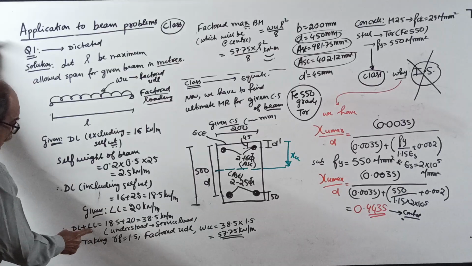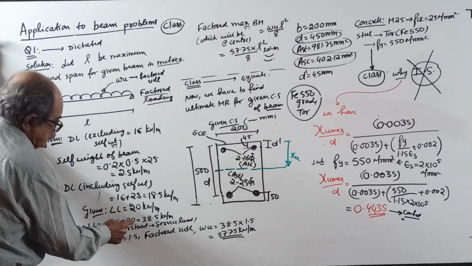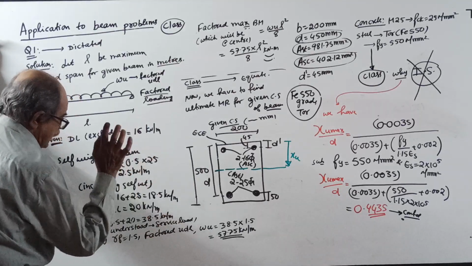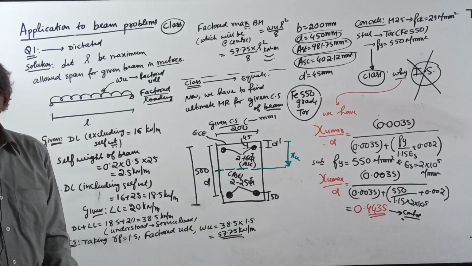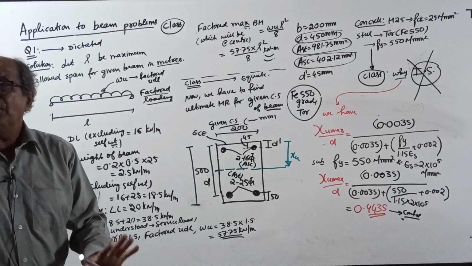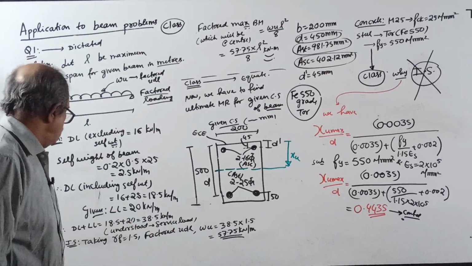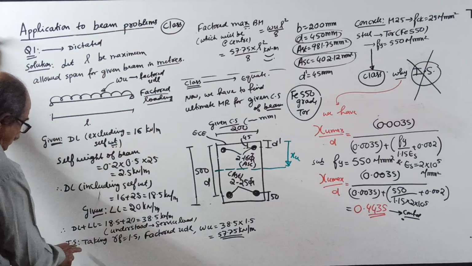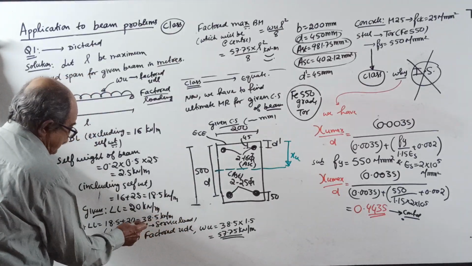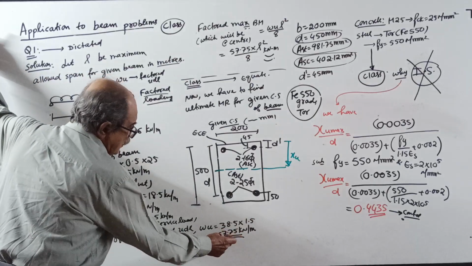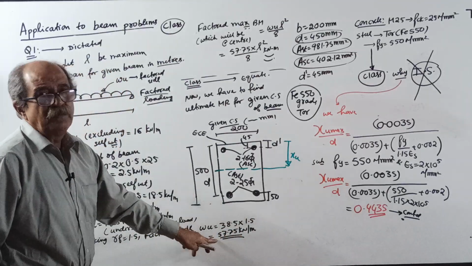So dead load plus live load is 18.5 plus 20, which is 38.5 kN per meter. Remember, they told the beam is loaded by, that means it is working load or service load. Understood. But we want factored load. So taking gamma F as 1.5, factored UDL is 38.5 into 1.5, 57.75 kilonewton per meter.